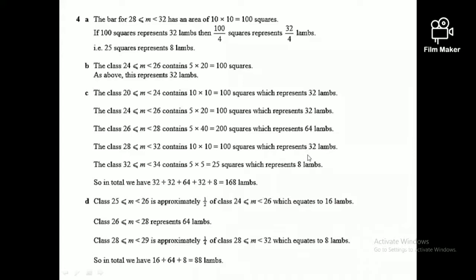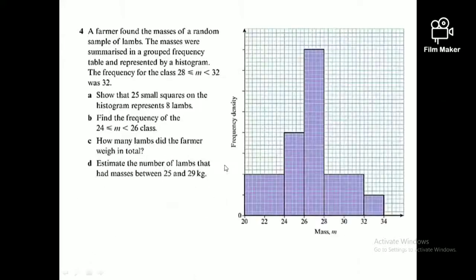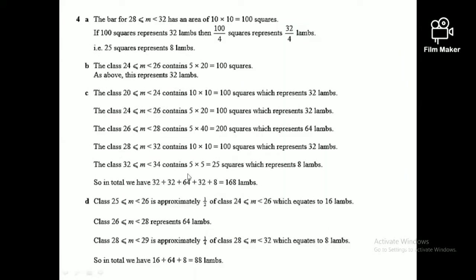That means there are 32 lamps. 32 to 34, the area is 25 squares. We know that 25 squares represent 8 lamps. So altogether, if you add them together, you will obtain 168 lamps.